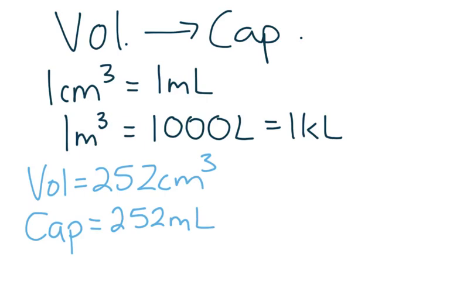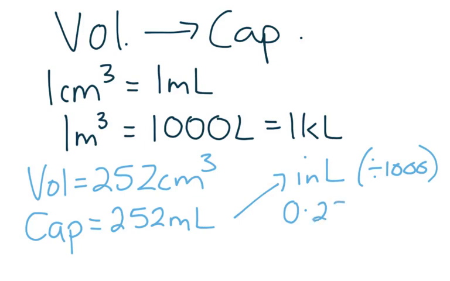If you were then asked to put it into litres, so I'll go up here, in litres, we would divide by 1,000 using our chart from here, and we would end up with 0.252 litres. So it's just about changing from the centimetres cubed or metres cubed to millilitres or litres or kilolitres and working from there.